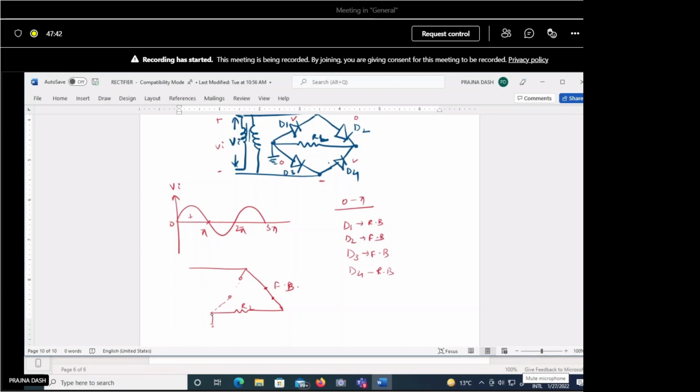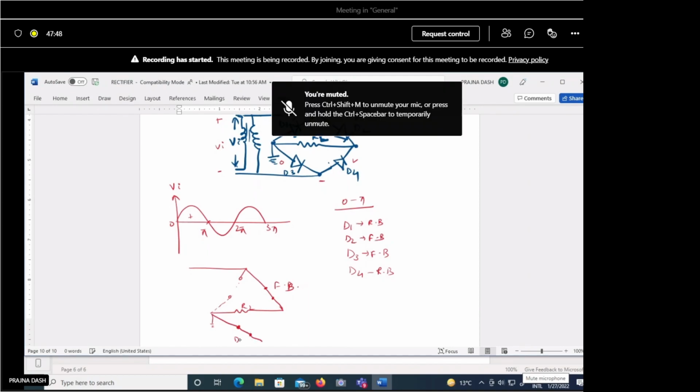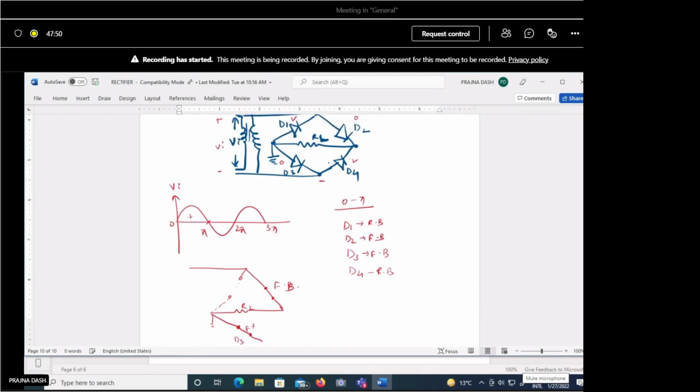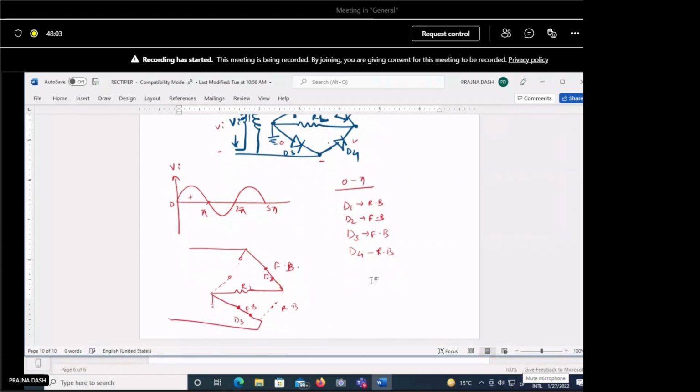D3 is forward biased, so this is short circuited. This is D3 forward biased, this is D2 forward biased, and D4 is again reverse biased. This is the negative terminal, and this is the plus minus Vi.